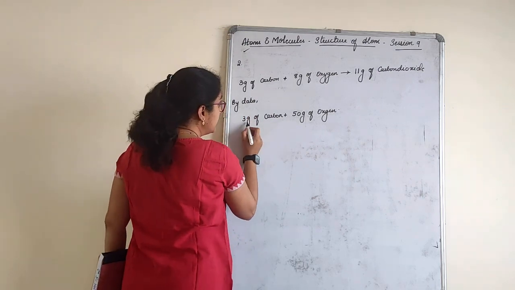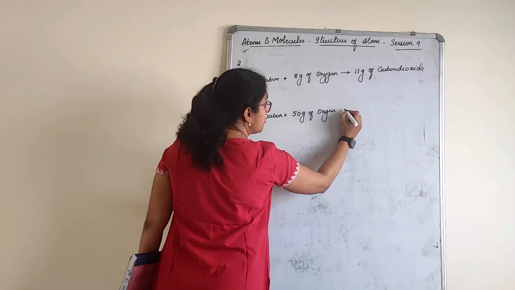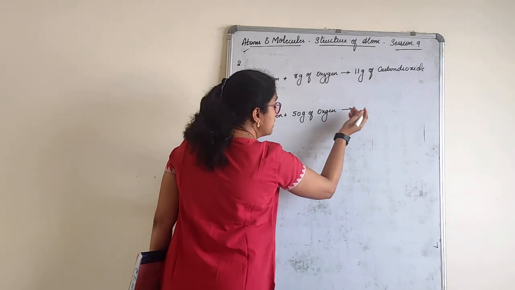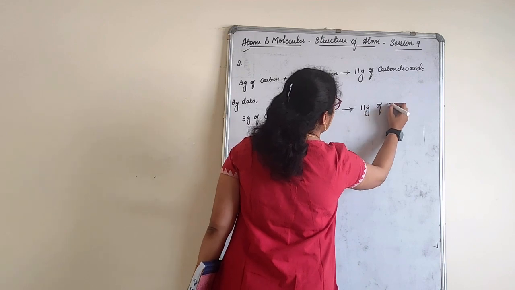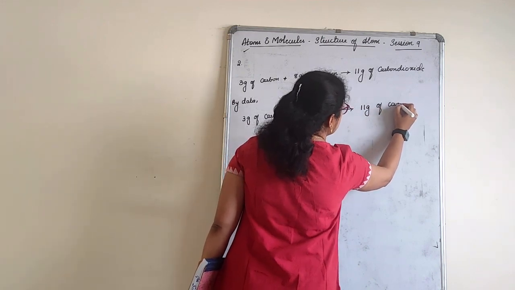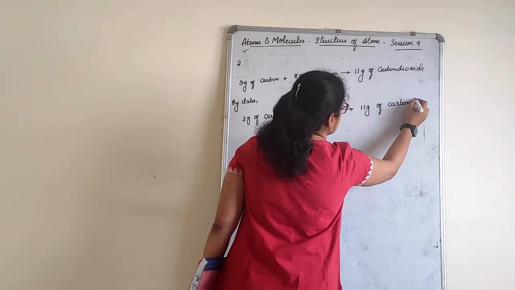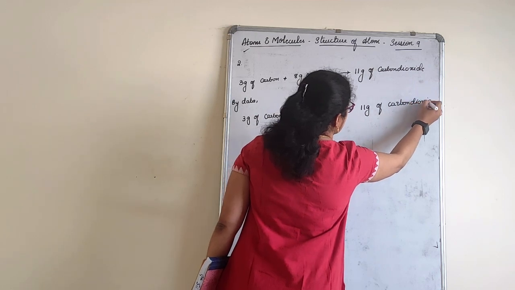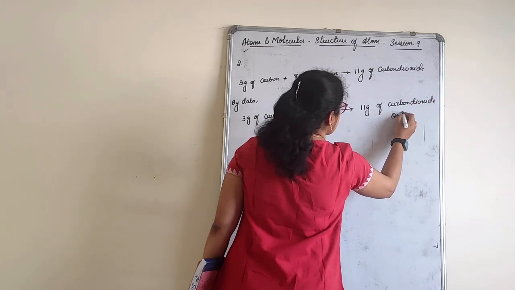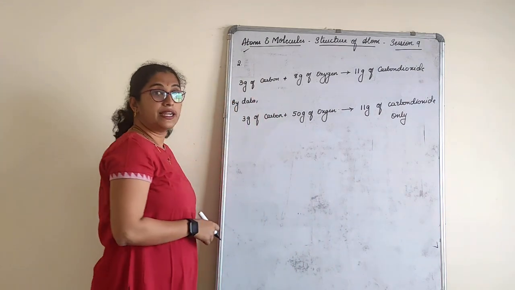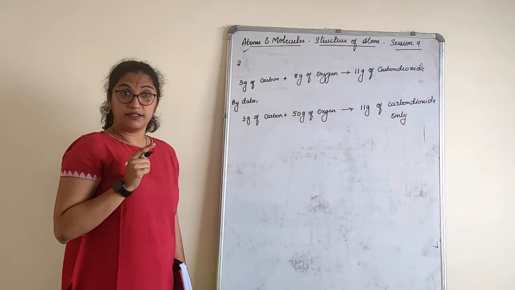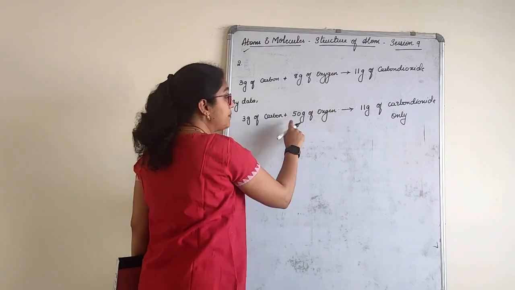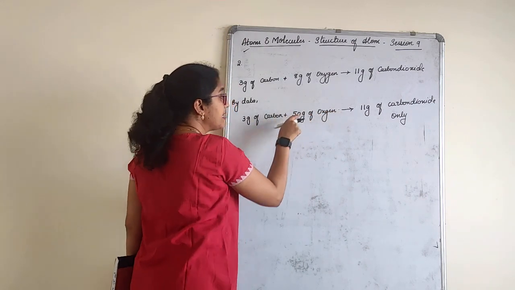Even by the data, 3 grams of carbon and 50 grams of oxygen has to form only 11 gram of carbon dioxide, right? But it is reacting with 50 grams here.